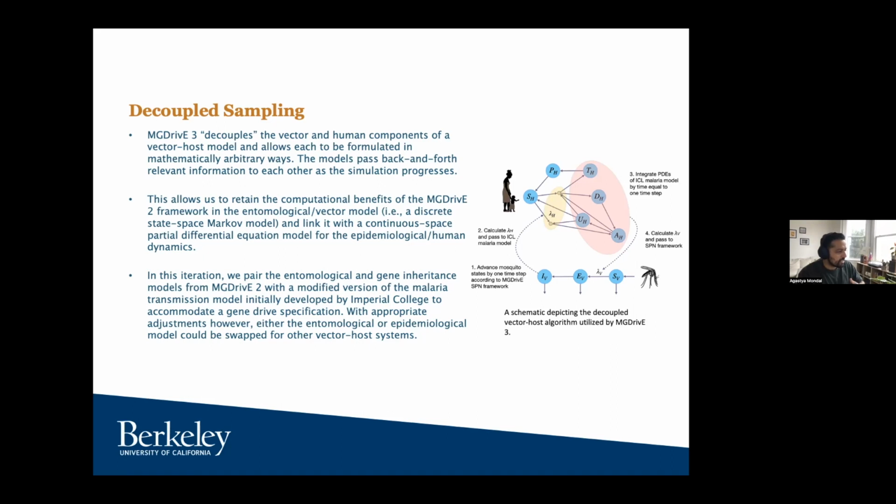And like I mentioned, because they are only dependent on that one parameter, the force of infection, you could, in theory, swap out the vector model for a different vector, if you want to model a gene drive intervention for it, or if you're interested in something like arbovirus transmission for dengue, for Aedes aegypti, dengue, yellow fever, those kinds of disease transmission models. In theory, you'd be able to do that in this framework without too much work.